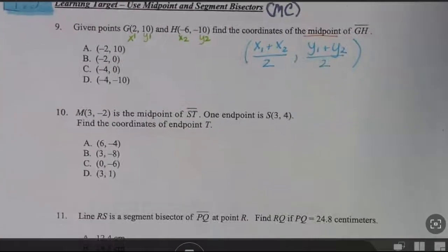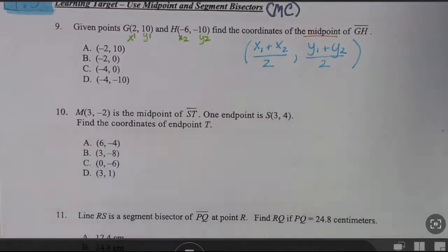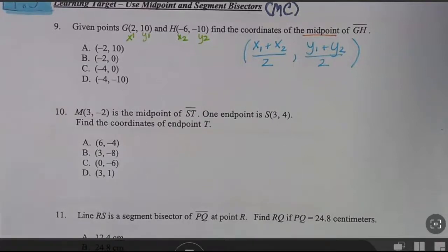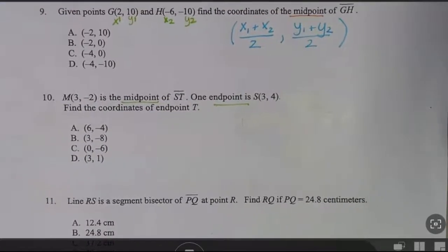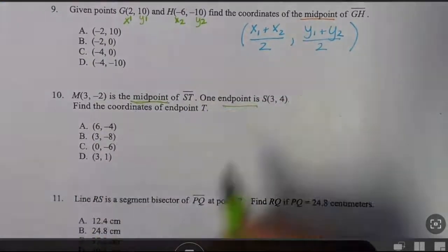Okay, number 10. M is (3, -2), and it's the midpoint of ST. So with number 10 again, we're given a midpoint and an endpoint.